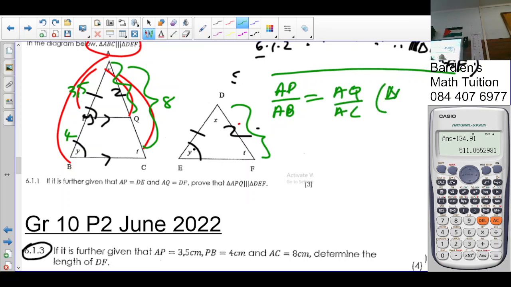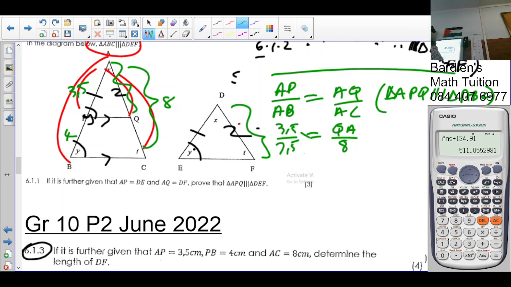Because triangle APQ is similar to triangle ABC. That is coming from that fact. So AP is 3.5, AB is 7.5, equals AQ, which is what we want to calculate, over AC, which is 8.